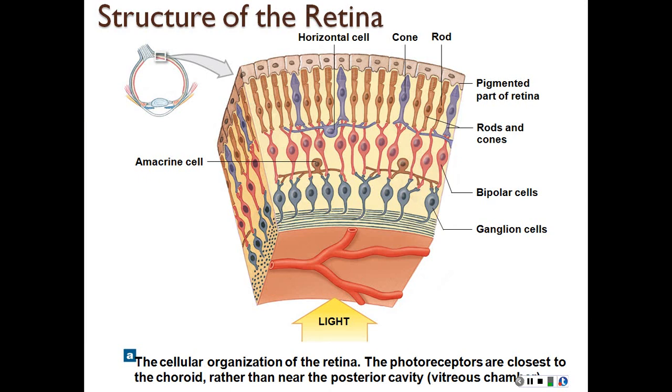Now, this is an interesting picture you may not have thought about: when light comes into the eye and hits the retina. This is a picture of the full retina. This is the front of the retina.